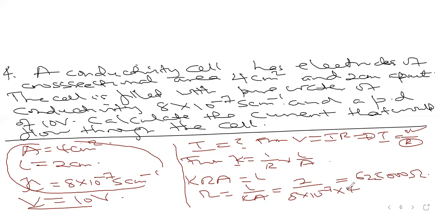Now you can get your current finally as the voltage, which is 10, over that resistance, 625000 ohms. And your current will be 1.6 times 10 to the negative 5 amperes.